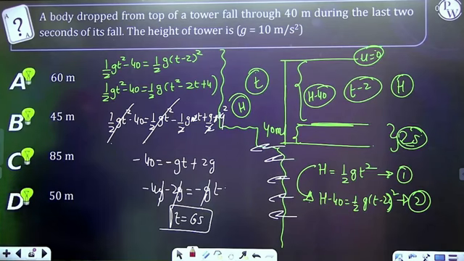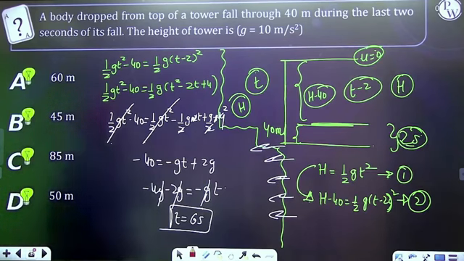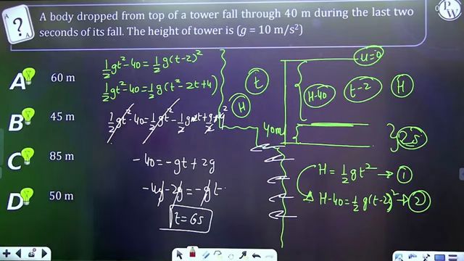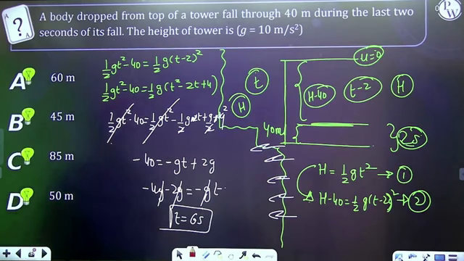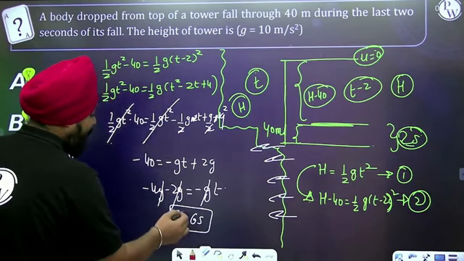The height of the tower, right? The total time we got as 6 seconds. A small mistake we did.